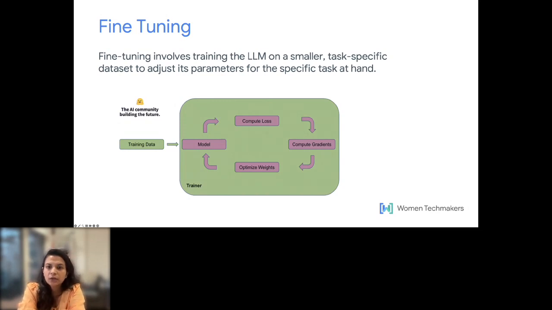Gradient is information about how to change the model to minimize the error. So with the help of the gradient, we figure out what adjustments to make to minimize the loss. And once we compute the gradients, we update the model through backpropagation, and then we try to minimize the loss.